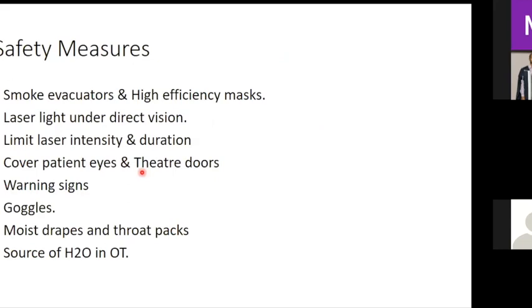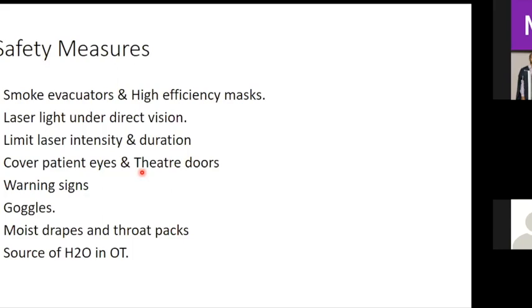Now, what are the safety measures in terms of laser? This could be a good DA question. You must have smoke evacuators and high efficiency masks for the workers. You must have the laser light under direct vision; you can only use laser light when it's under direct vision.